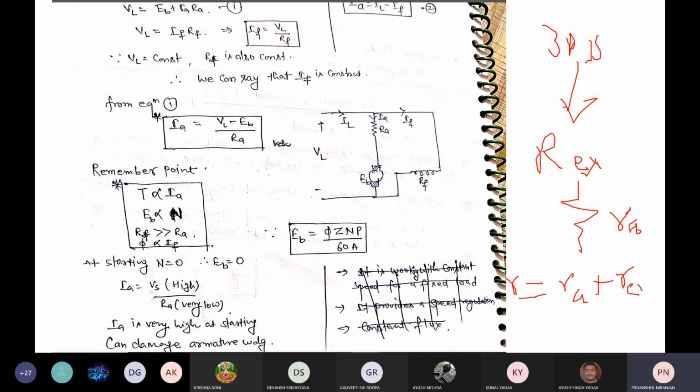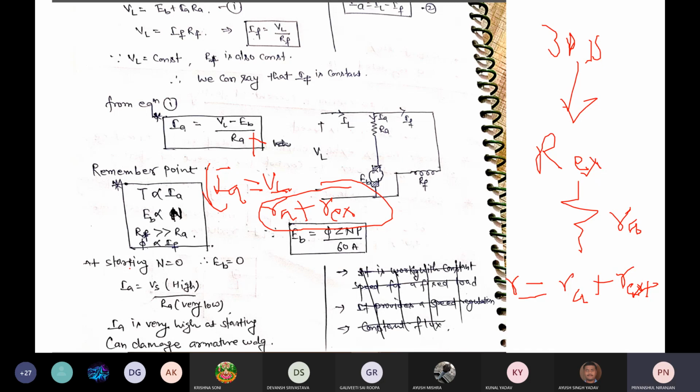Put this in the equation. So in this equation, Ia is equal to VL upon Ra plus R external. Here the denominator is higher, and this can reduce the armature current at the starting position.